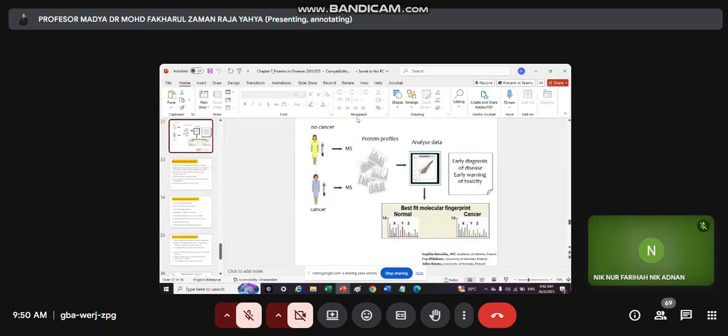For example, we compare a cancer patient and a normal or healthy individual. Okay, taking their serum samples, then analyzing using MS analysis, we can compare their protein profiles based on mass spec.